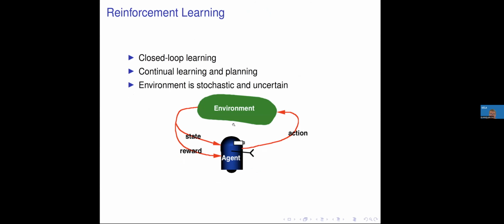The environment is often stochastic, which means even at the same state, if, for example, you take different actions, the transition between states may not be deterministic. It's like a random or stochastic process, so there's a lot of uncertainty. Due to this uncertainty, it poses a big challenge for the agent to learn the optimal policy or to achieve the maximum possible total reward.